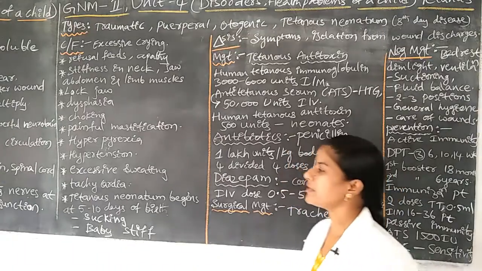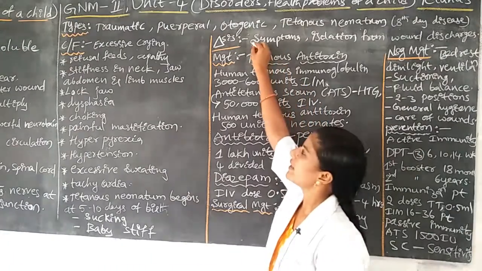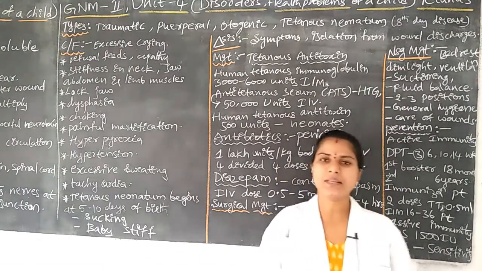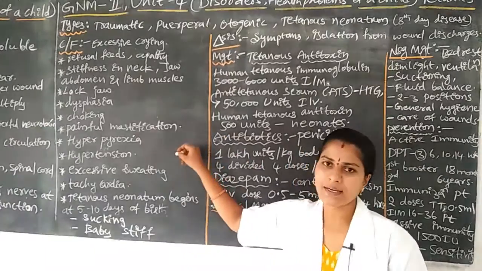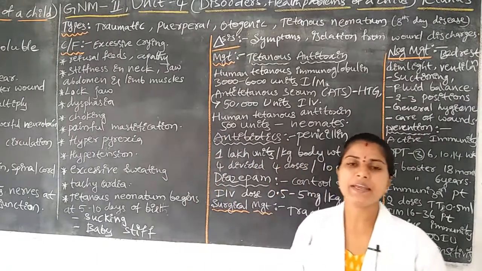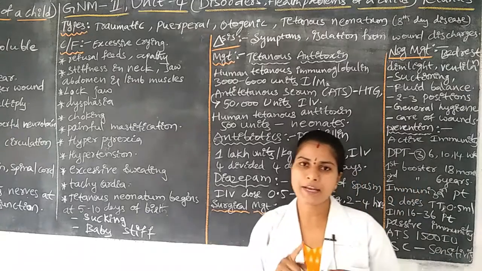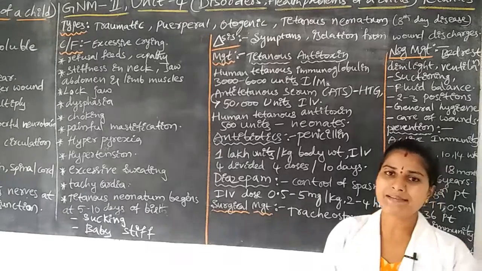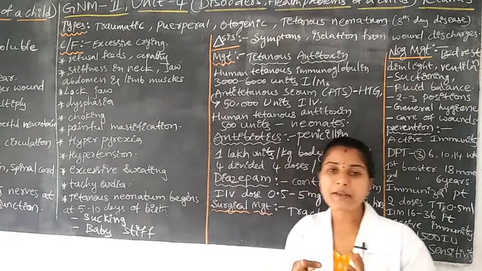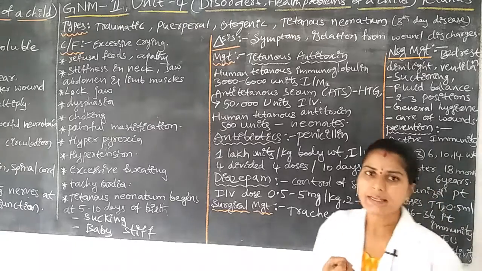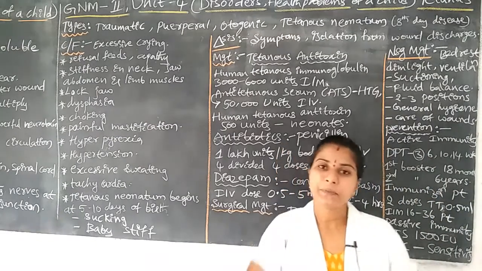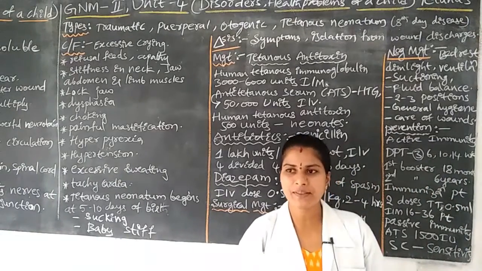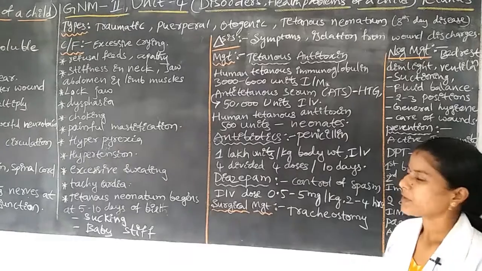Next, we are going to discuss diagnosis. How do we diagnose that the child is affected by this disease condition? Depending upon the clinical manifestations and clinical features. If the child has lockjaw, stiffness in the neck, abdominal muscle spasm, choking, or any mastication problem, depending upon the symptoms we identify that the child is suffering from tetanus.